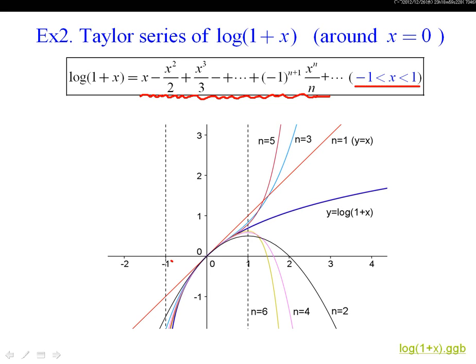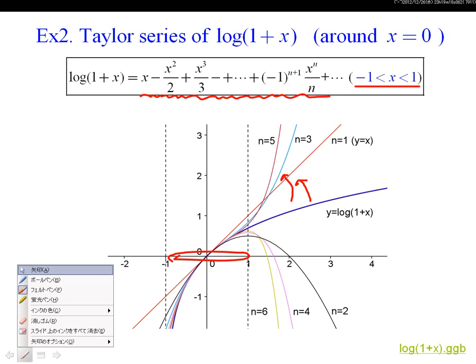So outside of this area, the series doesn't converge to y equals log(1 plus x). It diverges. So let's check it with GeoGebra.